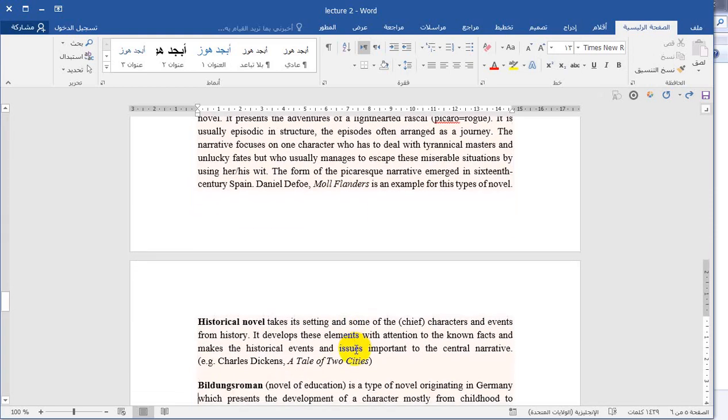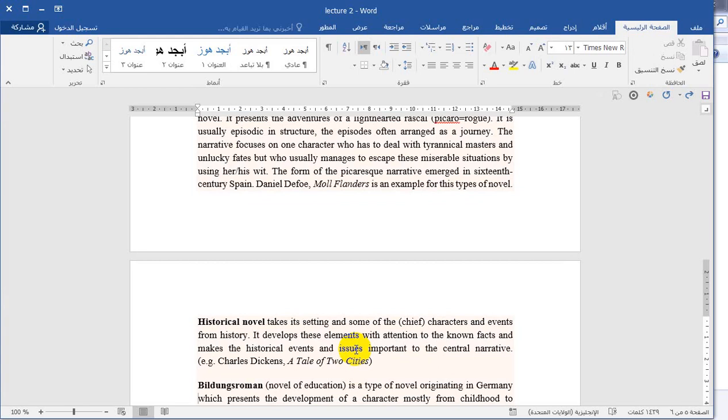We have a story from history: a battle, a struggle between two nations, a story of a king, and the writer comes to build his own short story or novel around historical events.